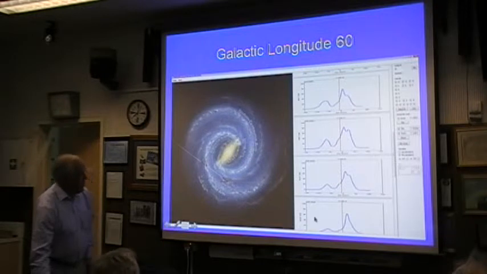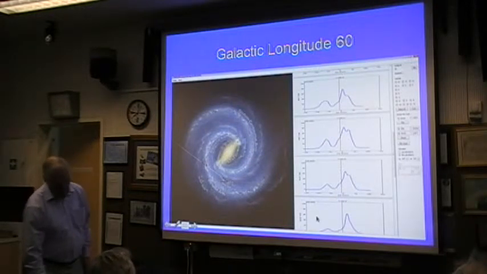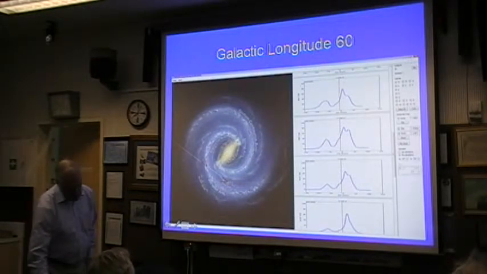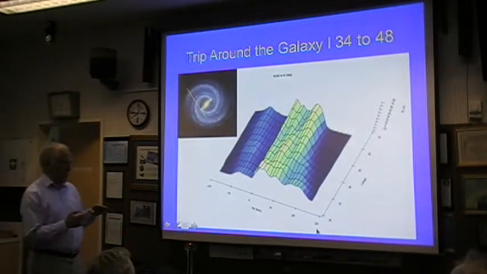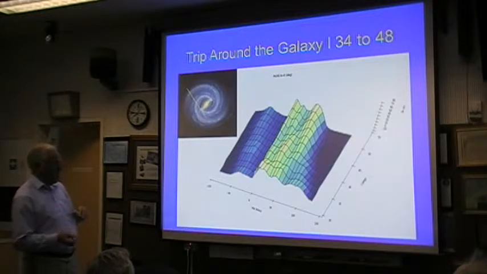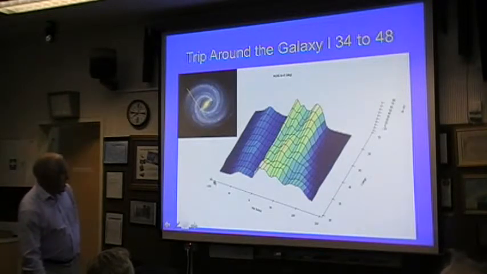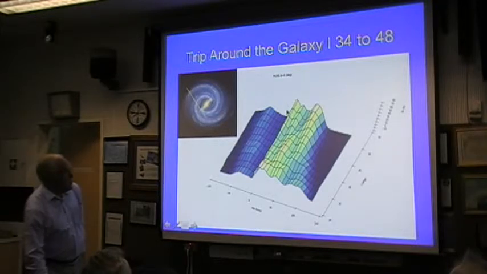As you go round, here we're looking around the galaxy at different galactic longitude, and you can see, looking at 0, there's 0, that's the peak associated with our local hydrogen.